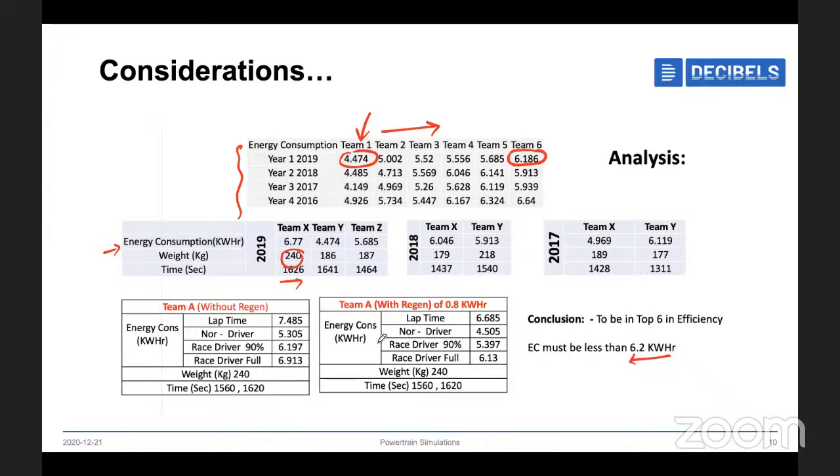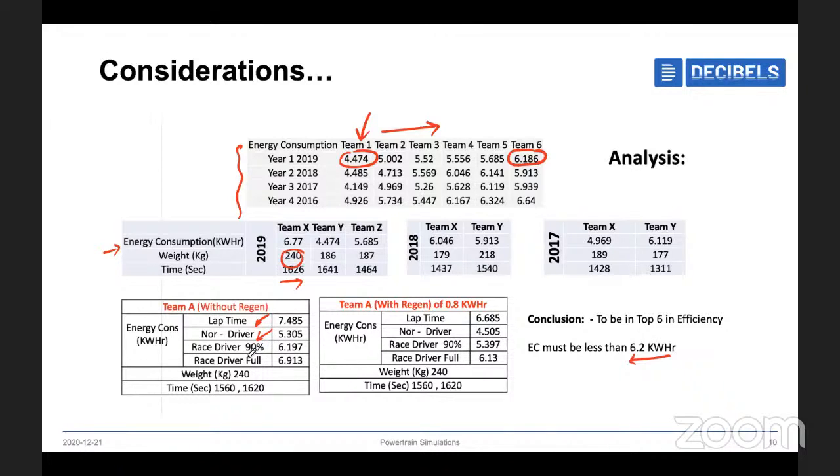Okay, so for my vehicle, Team A is my vehicle, which means it's all our vehicles. I have developed the powertrain simulations for four drivers: a lap time simulation driver, a normal driver, a race driver with 90 percent, and a race driver with full capacity.